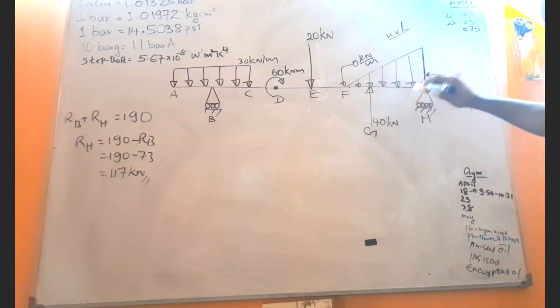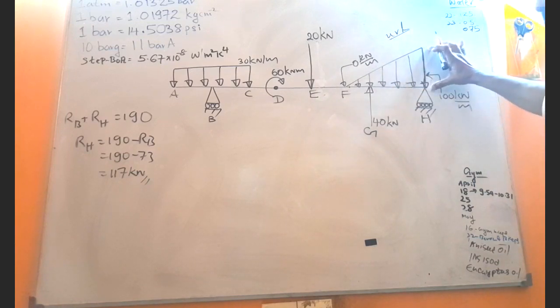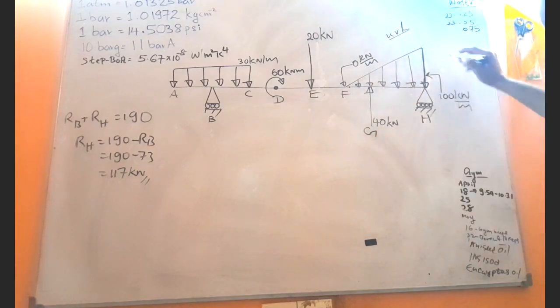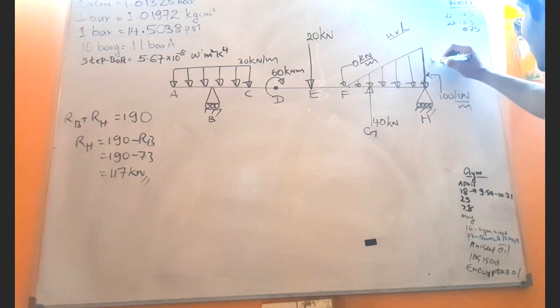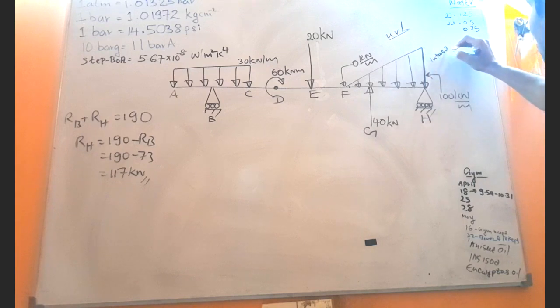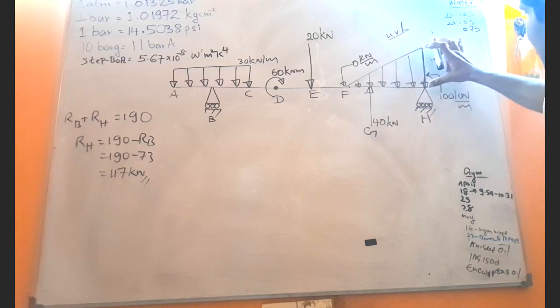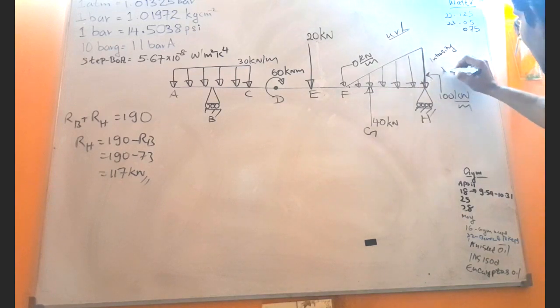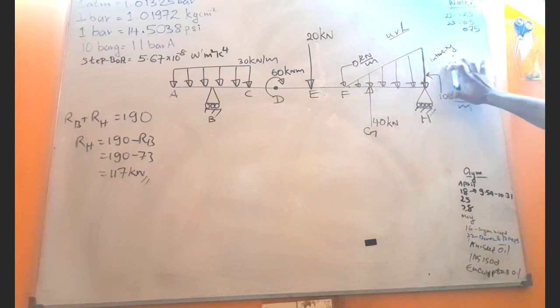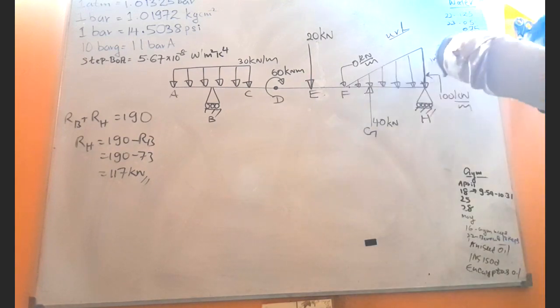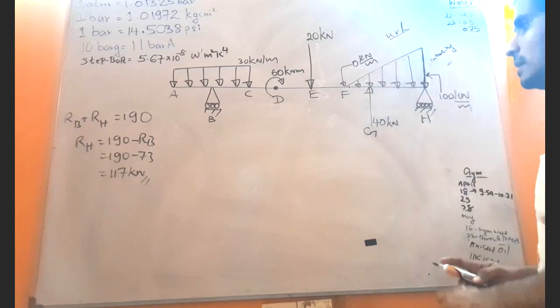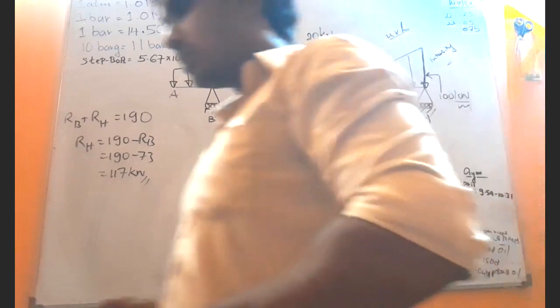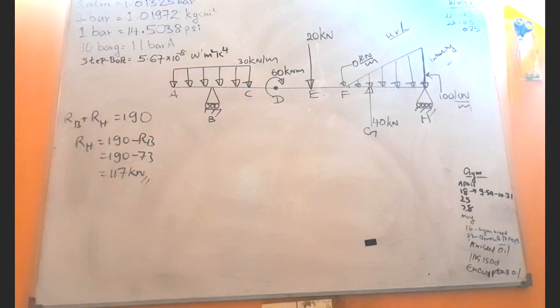And I told you that this length is 100, but be very careful, because this line represents a kind of load intensity, so the unit is 100 kilonewtons per meter. So if you want to find the total effective load, you have to find the area, half into base into height.